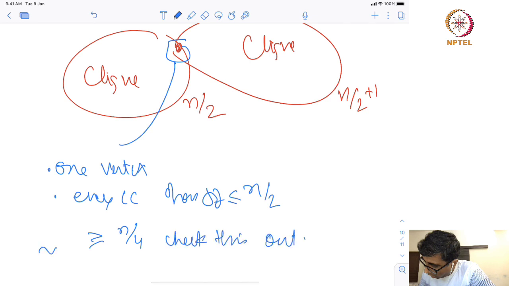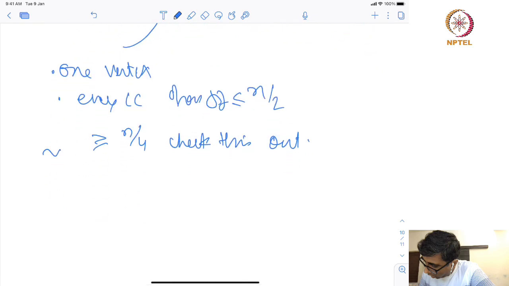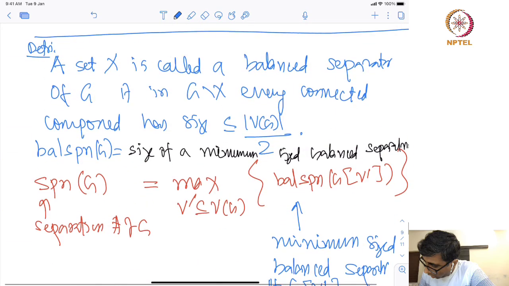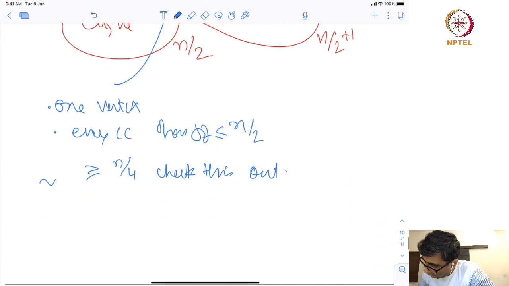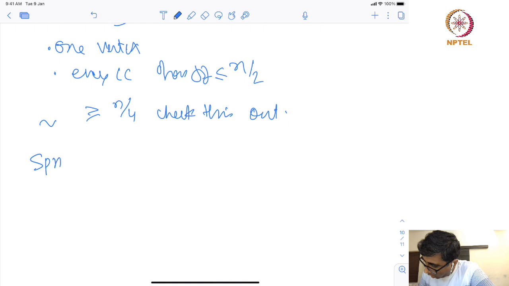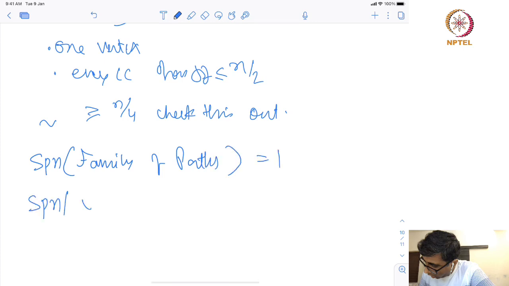But what is the separation number of the family of paths? The separation number of the family of paths is 1. What is the separation number of the family of k cross n grids? It is k.